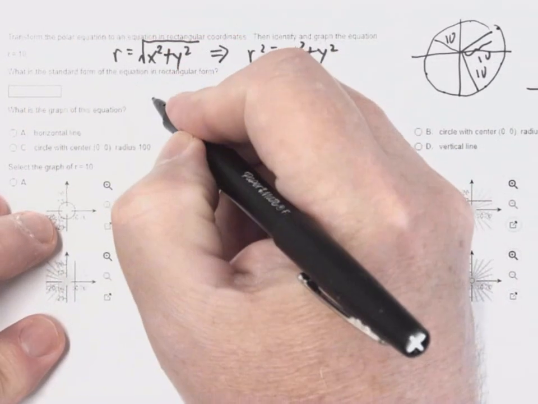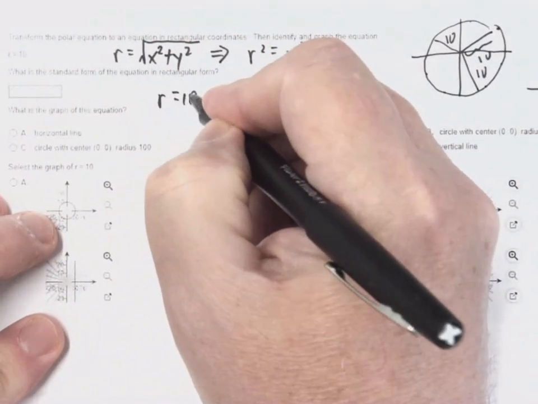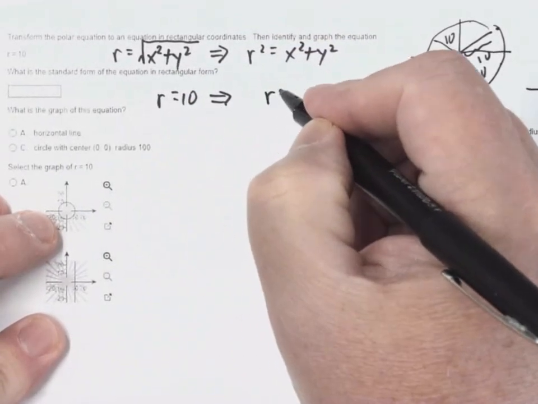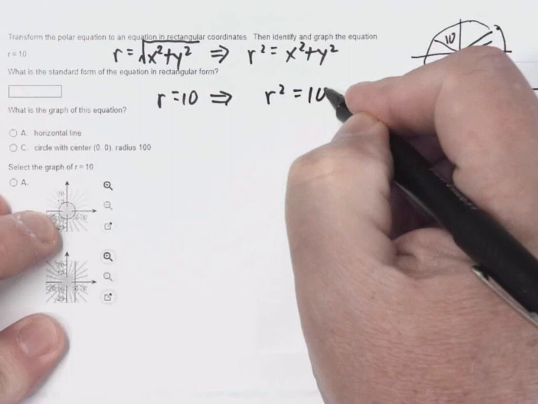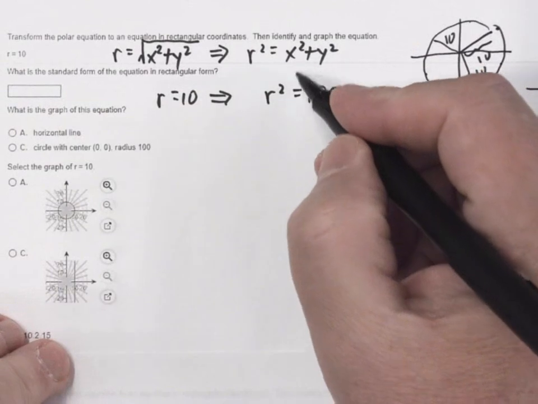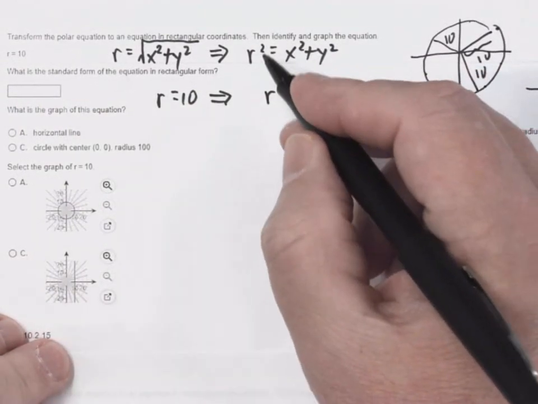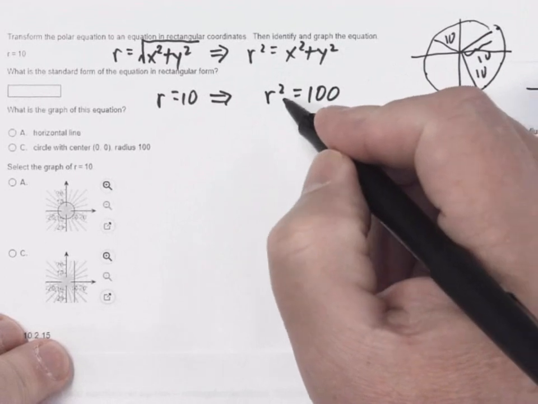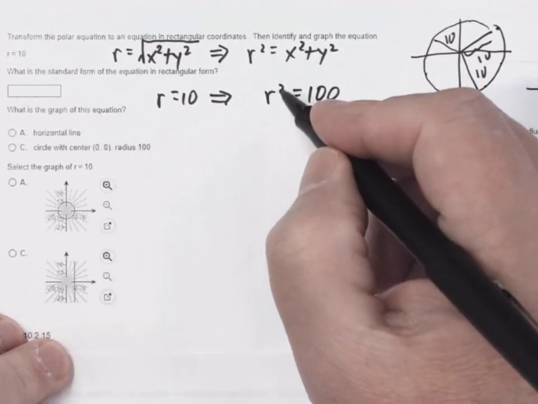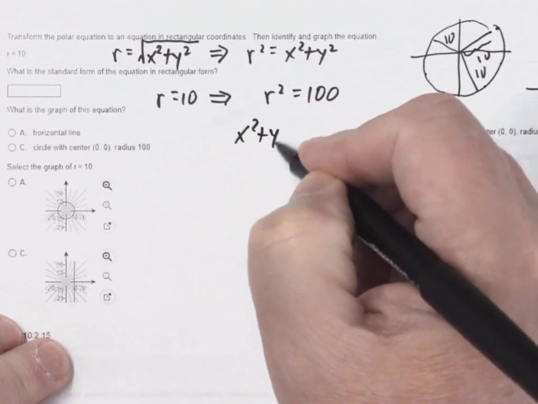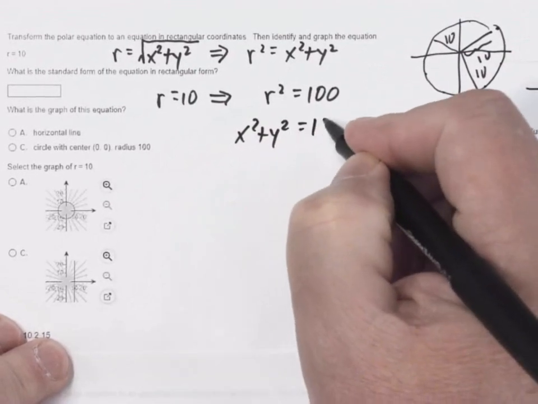The equation I've been given is r equals 10. I'm going to square both sides of that equation, and now it's r squared equals 100. Now if I compare this with r squared equals x squared plus y squared, for my specific equation, r squared equals 100, how about I replace r squared with x squared plus y squared?